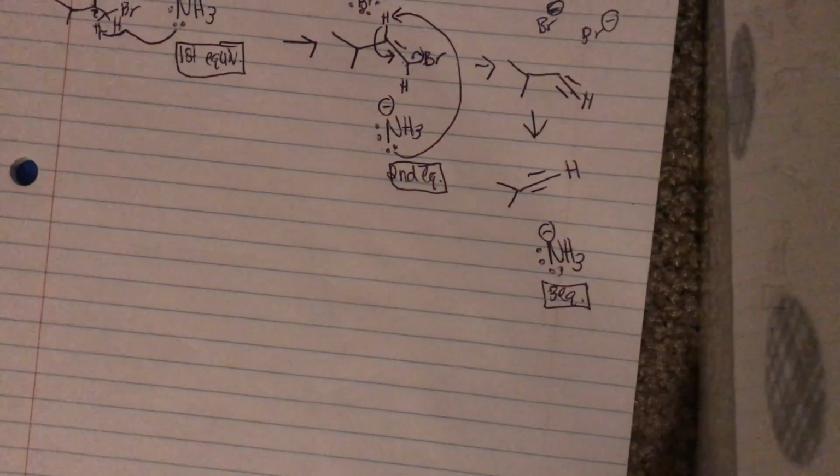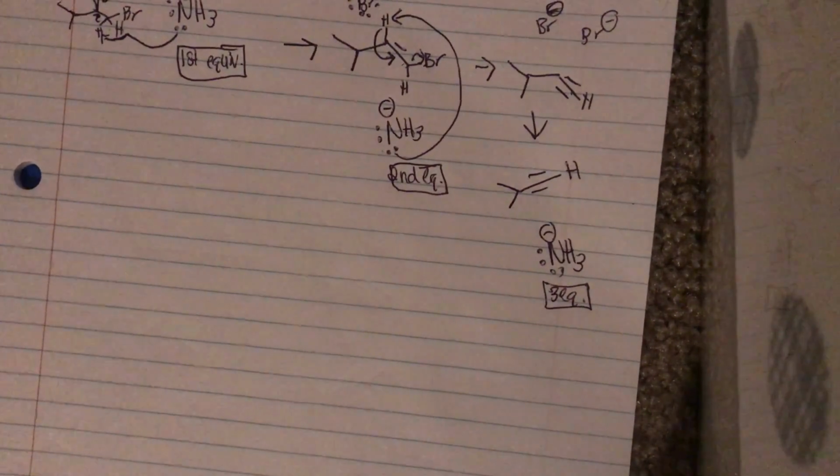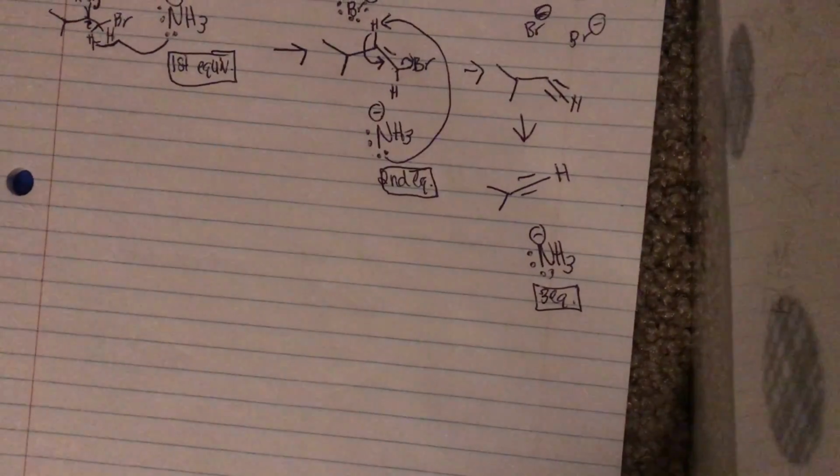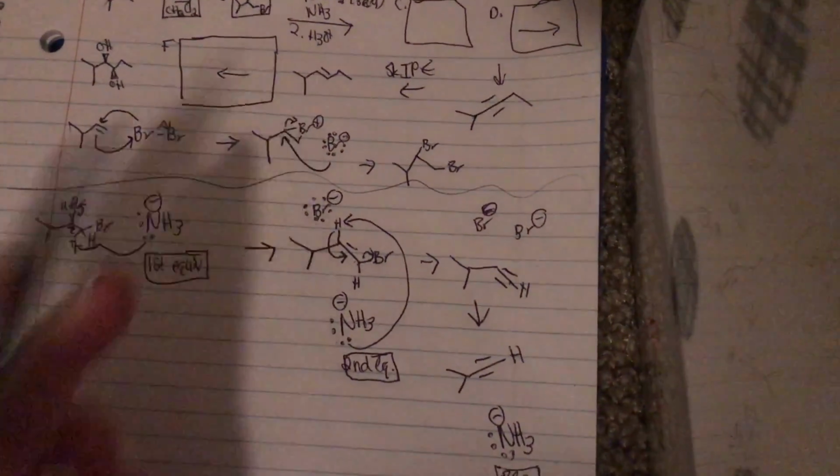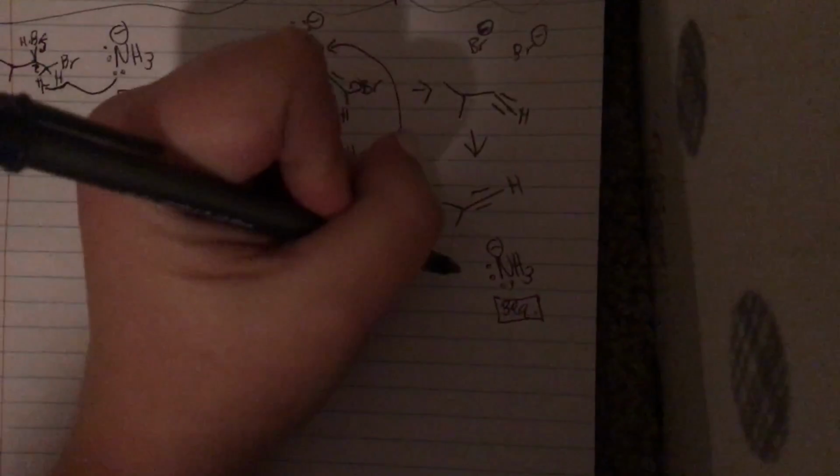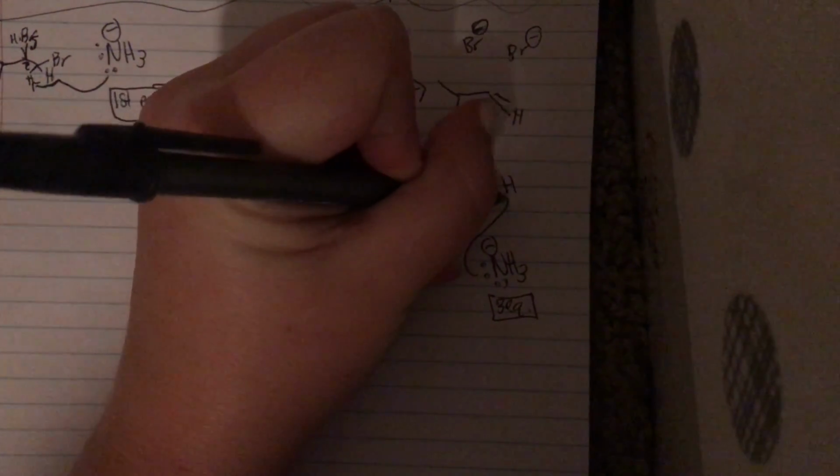And like Dr. Peterson said in class, it's not really that you want it to happen, it's more that you can't prevent this from happening, so we need to depict that it's happening and then reprotonate with some sort of group. In this example, it's going to be the hydronium. So there's not really a great point to this, but we know that it happens.